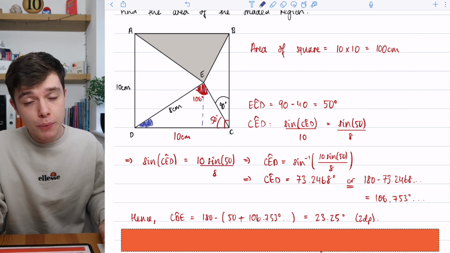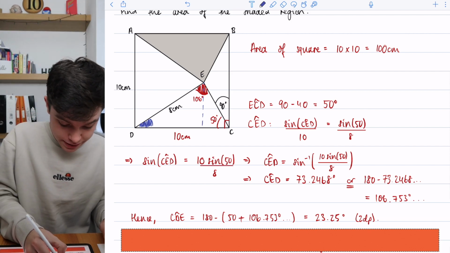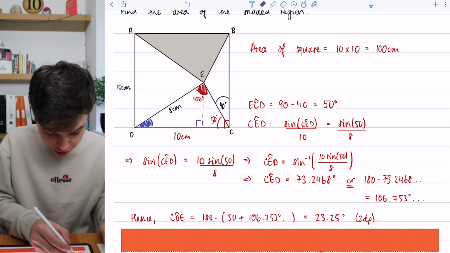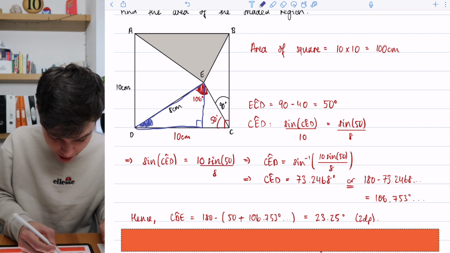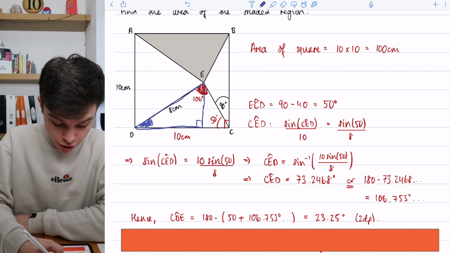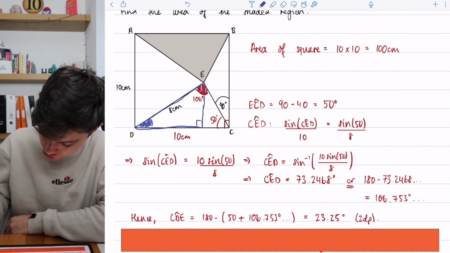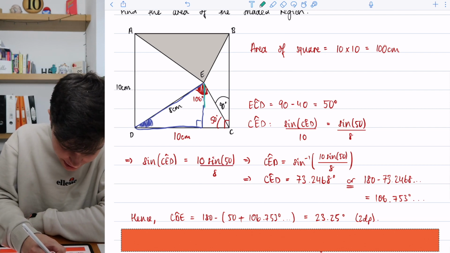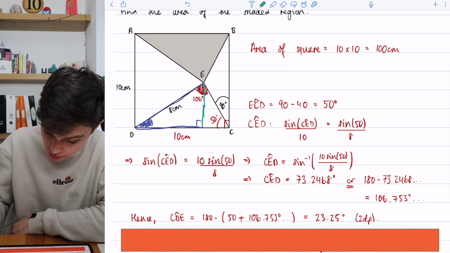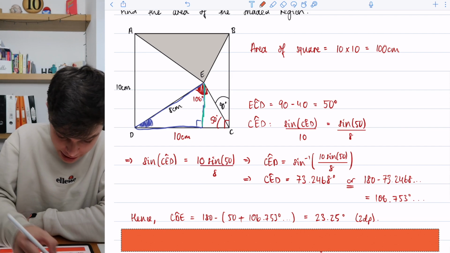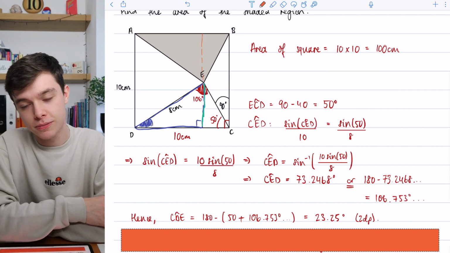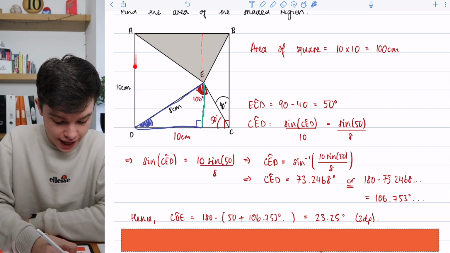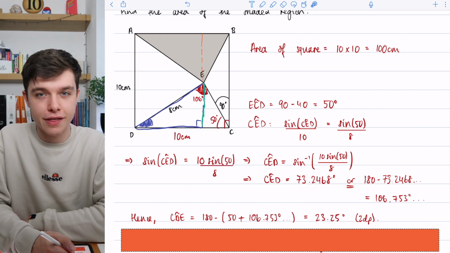The reason I'm going to work out the height is because it gives me a right angle, and then this triangle here is a right angle, and when I've got this height, which I'll do in green, that will allow me to work out the height of the shaded triangle, which I'll do in orange, because I have the full length of 10 centimetres there.